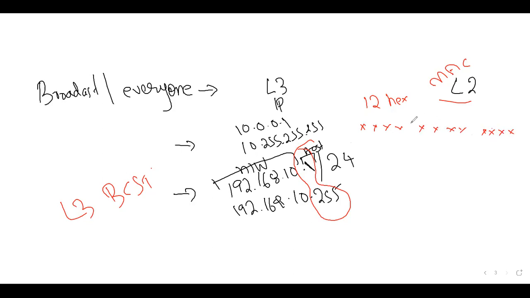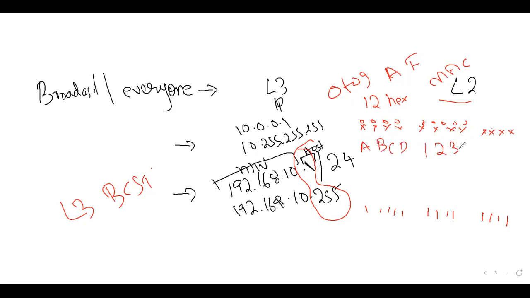This is your 12 hexadecimal digits. This could be completely 0 or it could be completely 1. The combination in between could be from 0 to 9 and A to F, for example A, B, C, D, 1, 2, 3, 4, 5, 6, 7, 8. It could be anything.